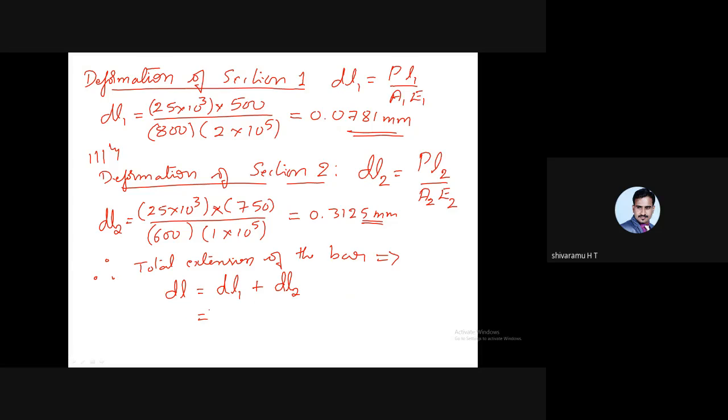So the total deformation is the summation of the extension of portion 1 plus portion 2. So dl1 is 0.0781 plus the deformation of portion 2, which is 0.3125.